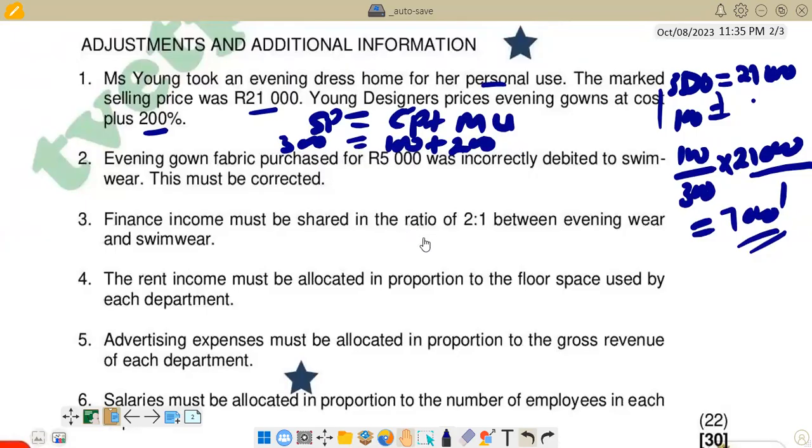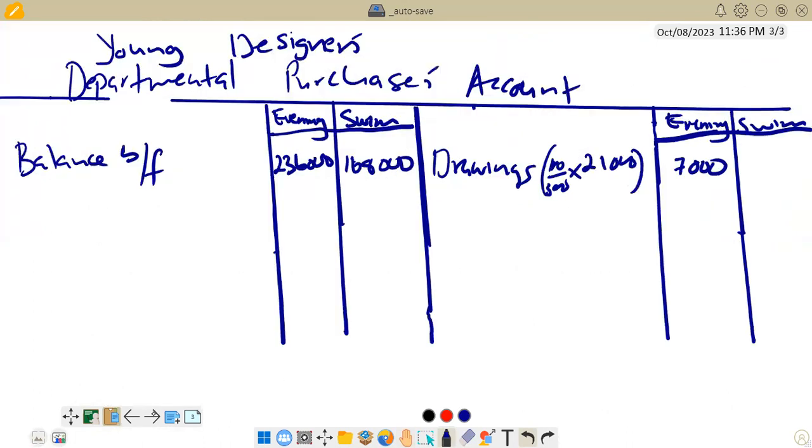So basically, here what we are saying is we are supposed to correct it. We debit evening, and then we credit swimwear. So this is the double entry that we are supposed to make there. So it means we are going to input that.